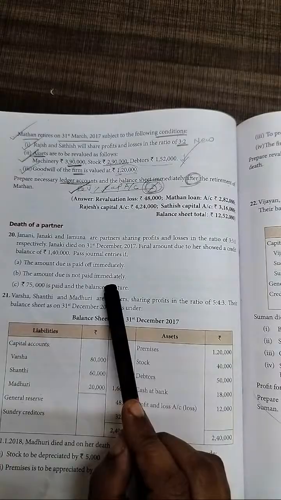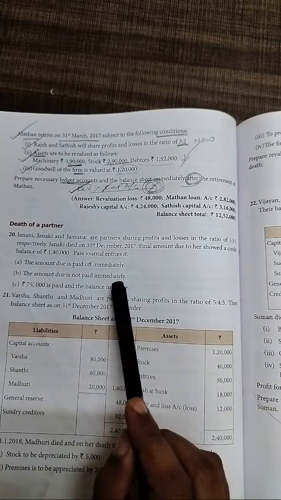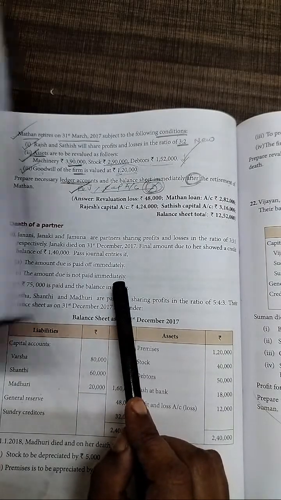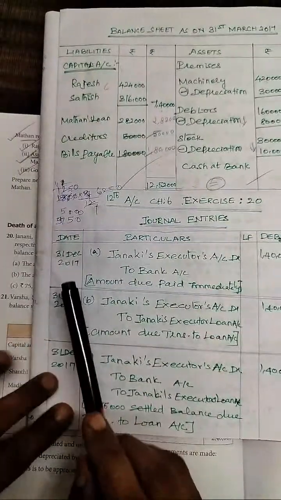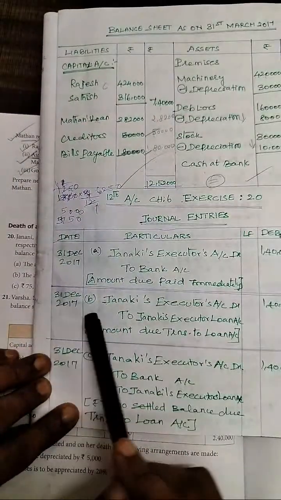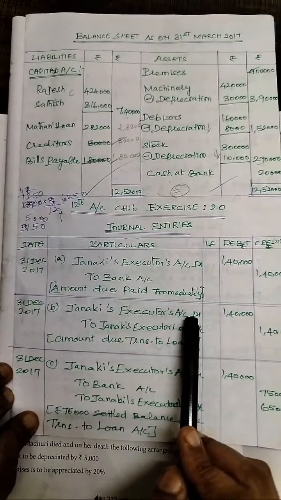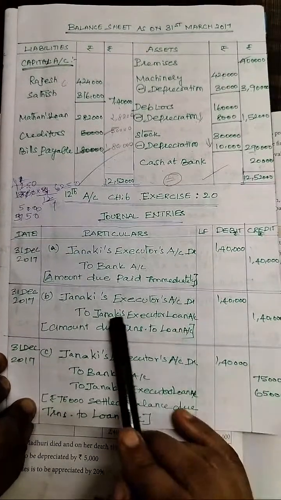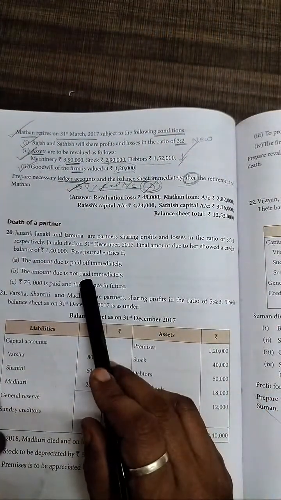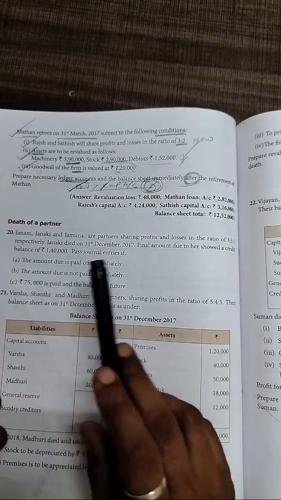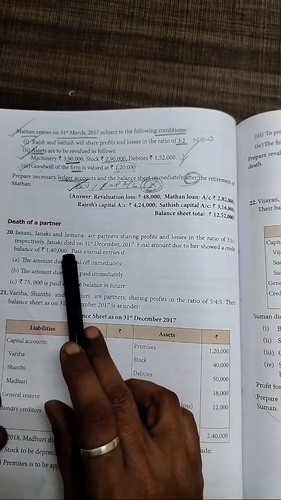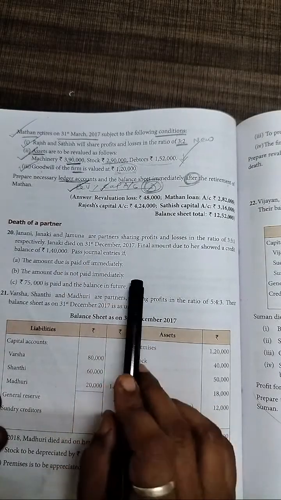How can you write the journal entry if the amount is not paid immediately? Dated 31st December 2017, Janaki's executor account debit, 1,40,000 rupees to Janaki's executor loan account. Okay, they are not making the payment, it is immediately transferred to Janaki's legal representative's loan account.